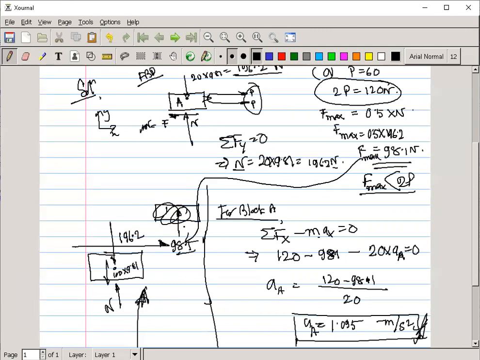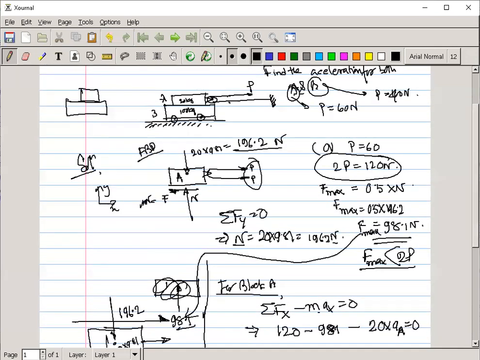And if this body moves in the forward direction, this body also moves in the forward direction, because the roller is already there, right? Here you can see the roller is there.